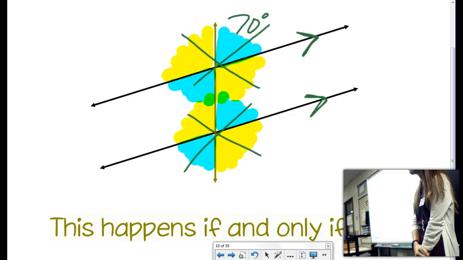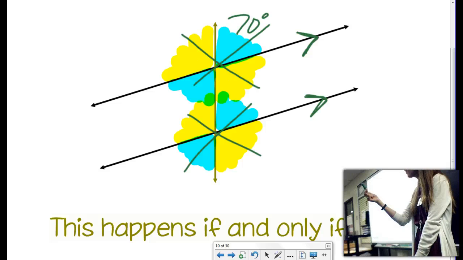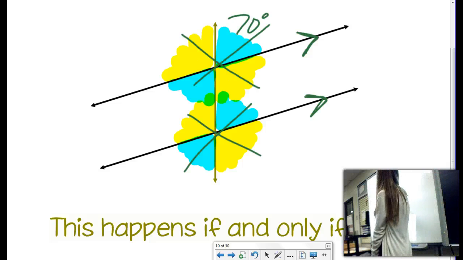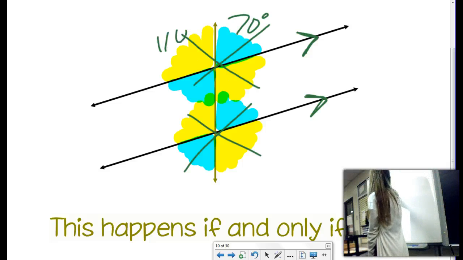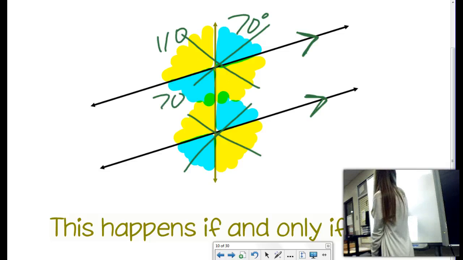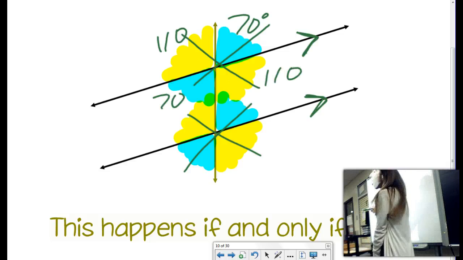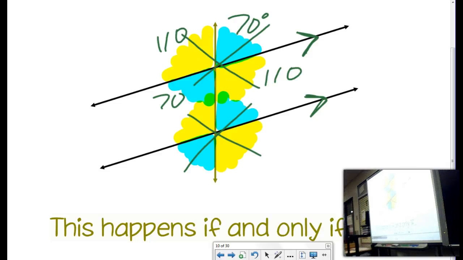True or false? True. Whoa, really? I can tell you just one and you'll know all 8 of them? Okay, what's this one? 110. What's this one? What's this one? 110.